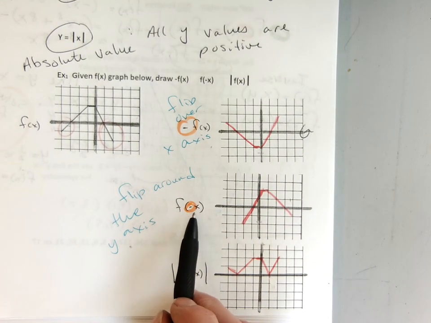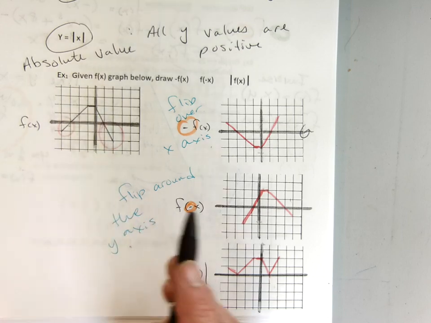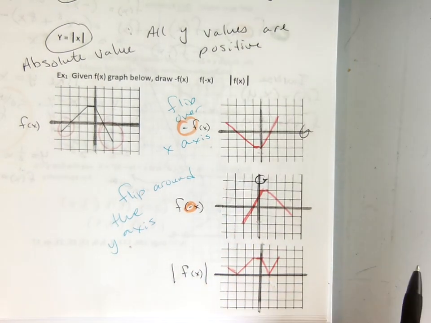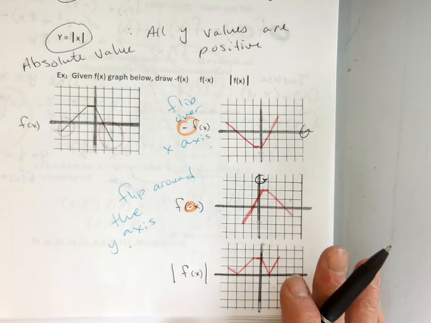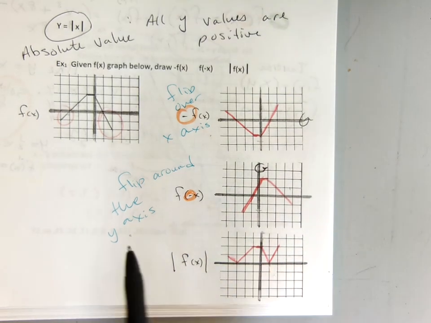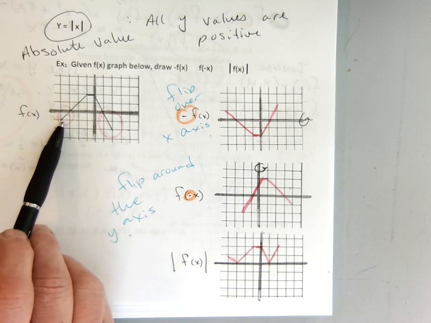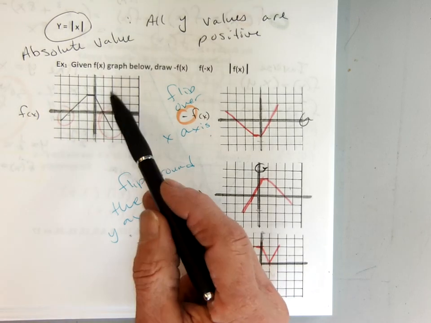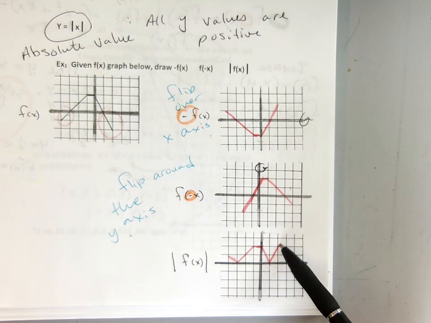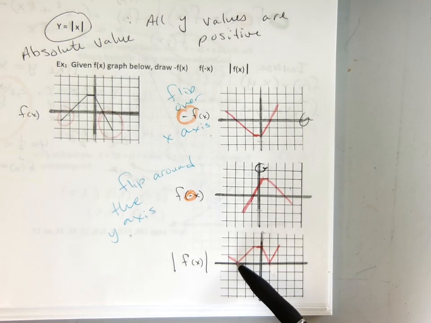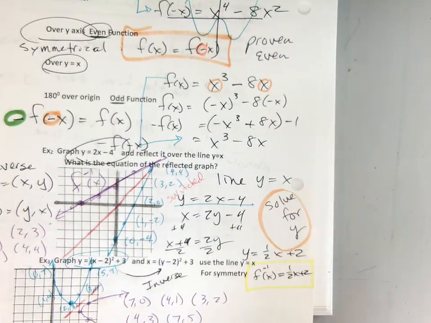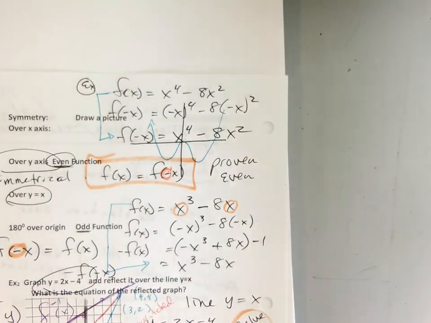We took our function, rotated it around the y-axis, and redrew it, and it looks like this. The third graph was the absolute value, so any negative value on our graph just became positive. Our graph looks like this: these negative values folded up, these negative values folded up. On the back side, it's a little sloppy, I'll do my best.